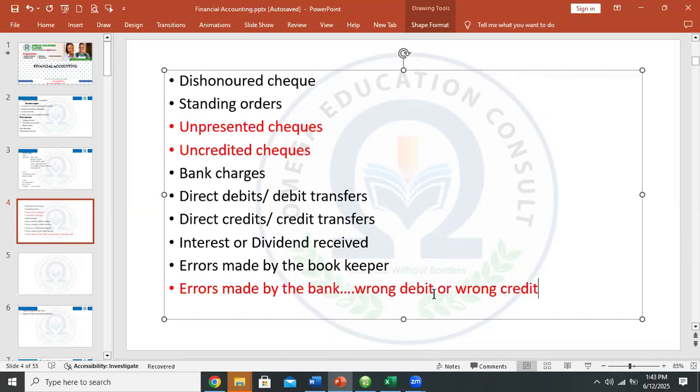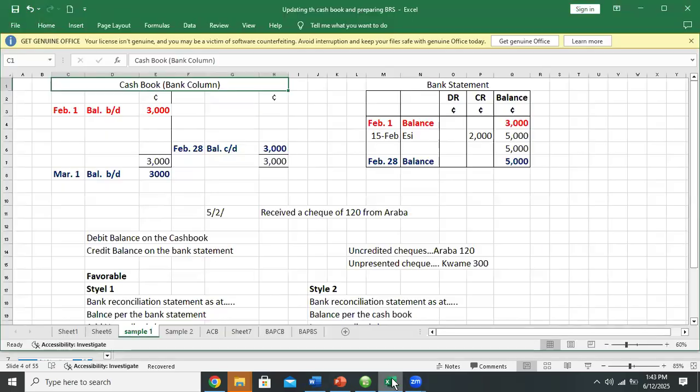The bank wrongly debits you or wrongly credits you. Okay. Now with these three items, how do you do the adjustment? And I'm saying that you can start with the balance on the cash book or the balance per the bank statement.